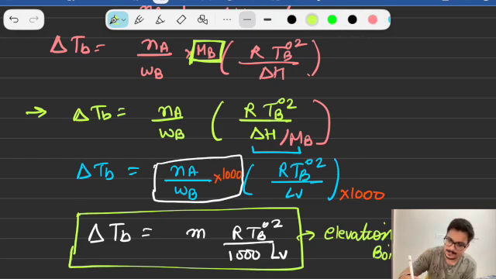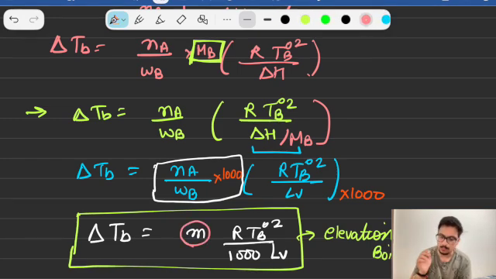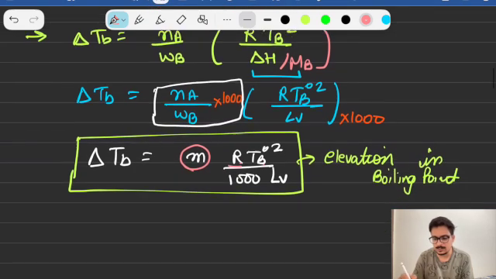You can see that the elevation in boiling point is directly proportional to the molality, or the concentration of solute in the solution. Further, R is the universal gas constant. Boiling point of pure solvent is constant, latent heat of vaporization is constant, and 1000 is constant.